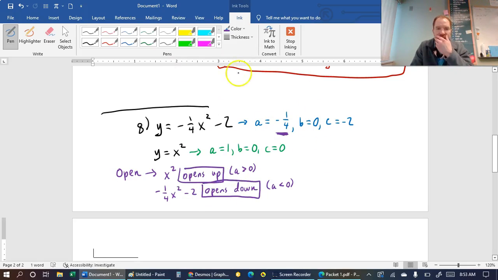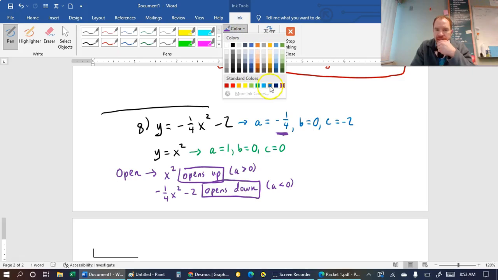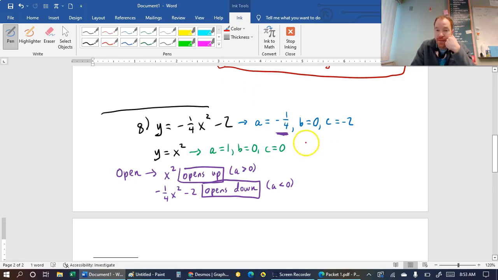Let's see if I can squeeze in here the rest of it, keep it on the same page. If we look at the width, this is where we don't care about the sign, but the bigger value of a, ignoring negatives, is going to be the narrower parabola. So if we compare, if I leave off the 1/4, we can say our a value of 1 is greater than our a value of 1/4.